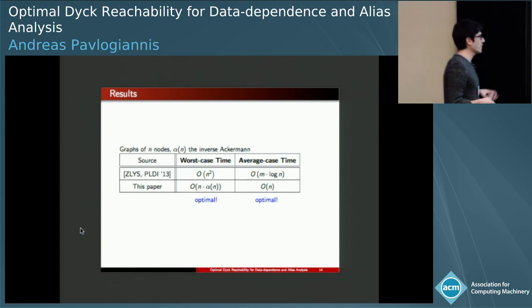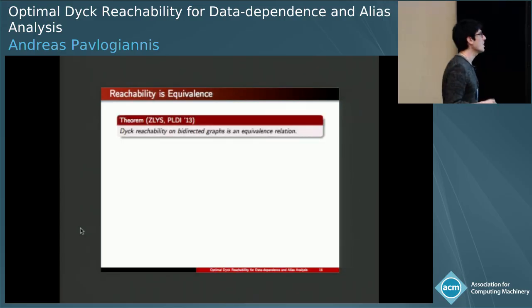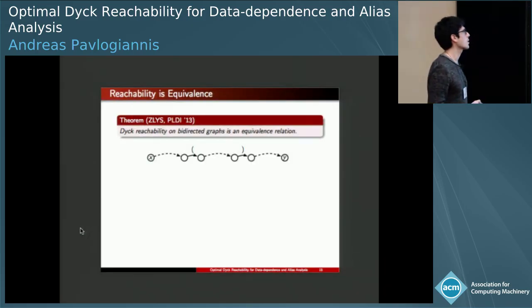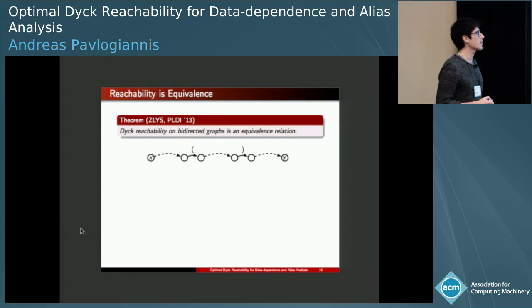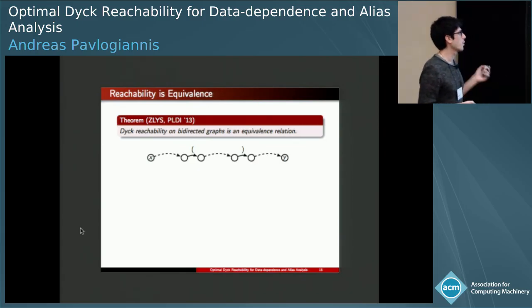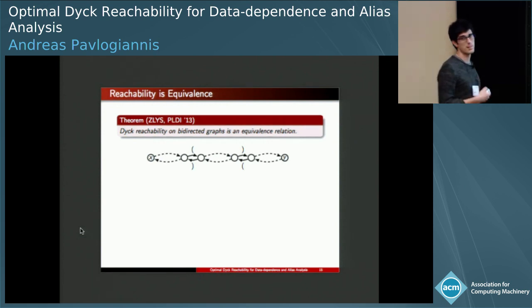So let me try to give you a quick intuition of why bidirected graphs are easier to handle than arbitrary graphs. The idea here is that reachability on bidirected graphs is an equivalence relation. Right? Every time you can go from X to Y, it means that you have a path, right? And at some point you see a closing parenthesis, you know that this cancels out with some earlier opening parenthesis. And bidirectedness here guarantees that you can traverse the same path in reverse.